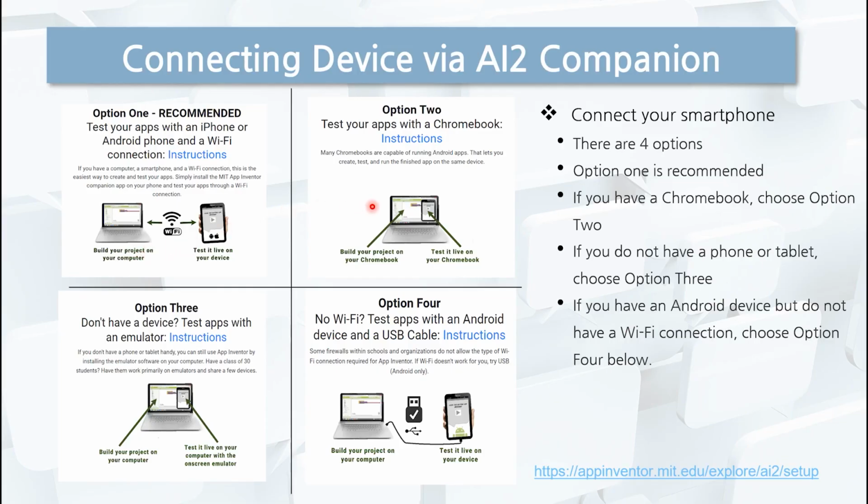And if you have a Chromebook, choose option 2. And if you do not have a phone or tablet, choose option 3. So you can just download some application on your device, and then you can run the emulator on your computer. If you have an Android device but do not have a Wi-Fi connection, choose option 4.